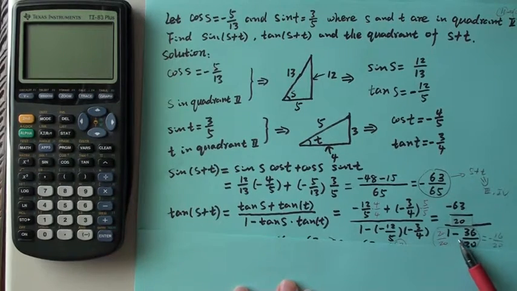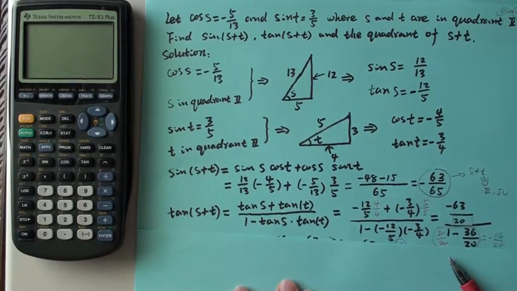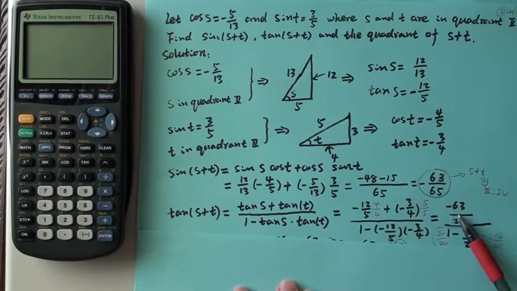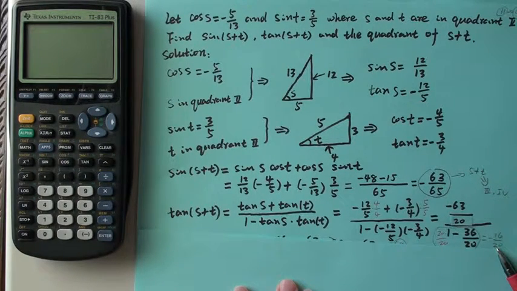So 20 over 20 minus 36 over 20 is negative 16 over 20. Now basically what you do is negative 63 over 20 divided by negative 16 over 20.